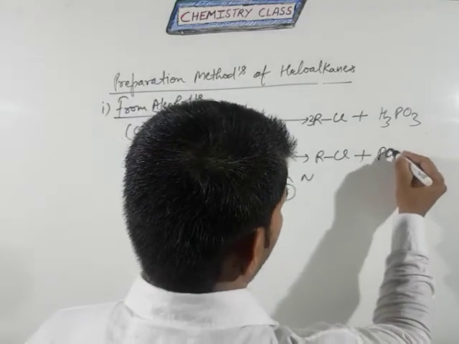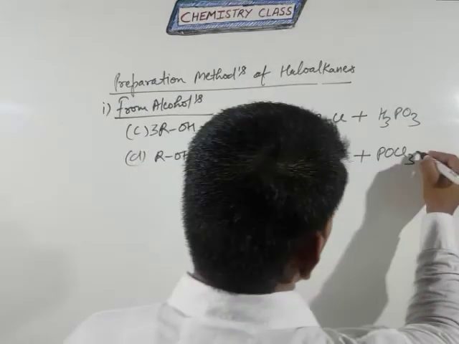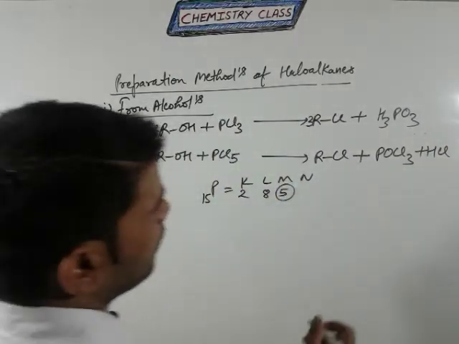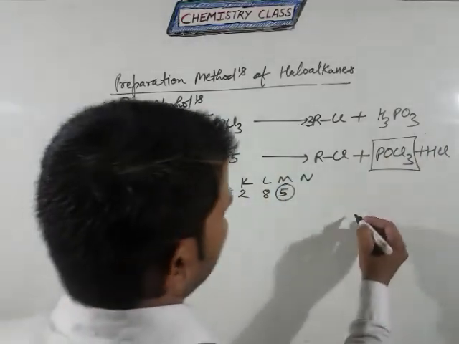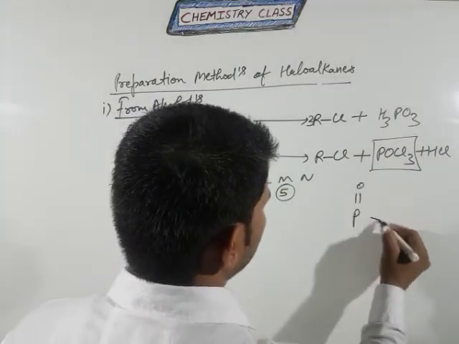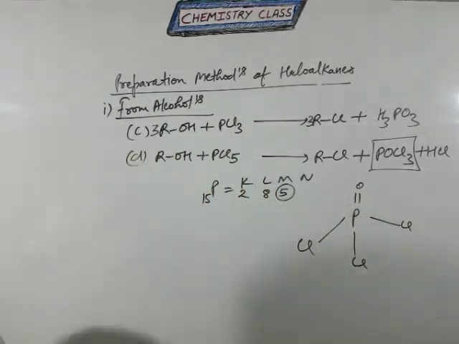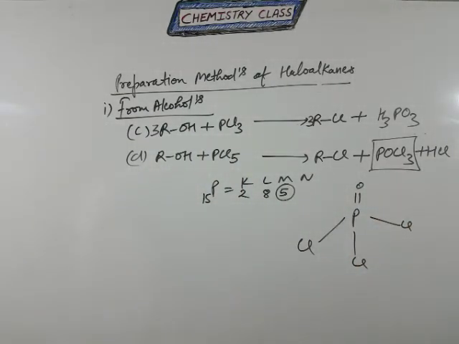So the byproduct is POCl3, and H and Cl are there, so HCl is also a byproduct in this case. If someone asks what the structure of POCl3 is, first you draw the structure of this molecule. So this is the structure of POCl3. The name is phosphoryl chloride.